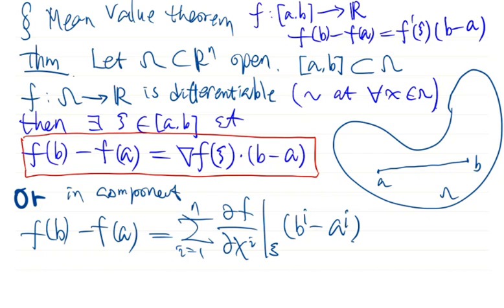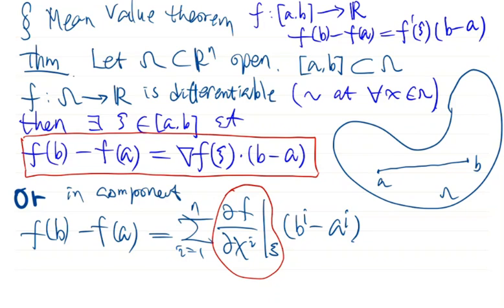So this is the ith component of the gradient of f at c, while b_i minus a_i is the ith component of the vector b minus a. So this is the statement of the mean value theorem.